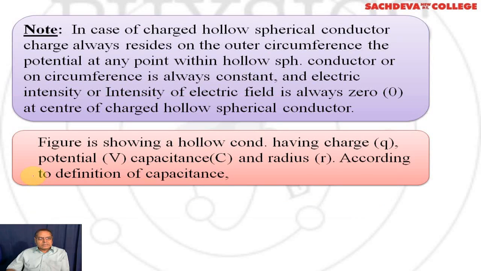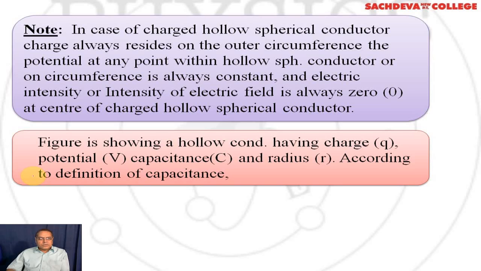You will remember further, in the case of a charged hollow spherical conductor, charge always resides on the outer circumference. The potential at any point within the hollow spherical conductor or on the circumference is always constant.